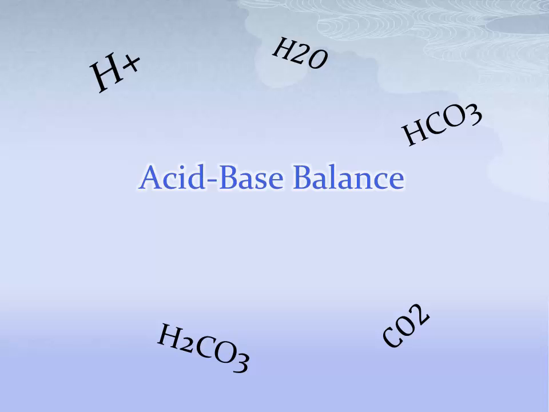So normal ranges are 7.35 to 7.45, and that's where we like to stay. There's a wider range that's compatible with life, but it isn't a huge range by any means. And then the third process is acid excretion. So how do we get the acids out of the body? Those are some of the things that we're going to discuss.